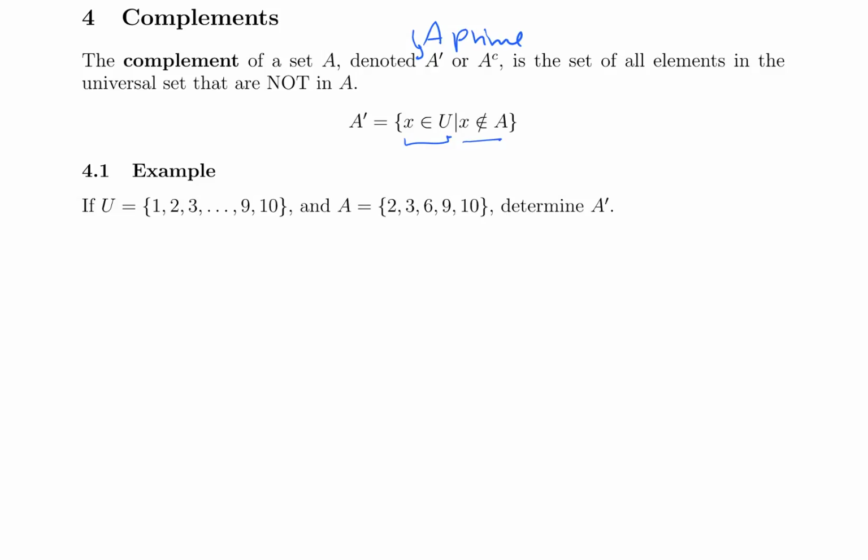Okay? So for example, if our universal set is all the integers 1 through 10, and A are the integers 2, 3, 6, 9, and 10, then A complement, A prime, would be everything that was in U that is not in A. So 1 is in U and it's not in A, so our complement would have 1. 2 was in A, so we won't have a 2. 3 was in A, we won't have a 3. 4 is not in A, so we'll have 4 in the complement. 5 is not in A. 6 is in A, so we won't include 6. 7 is not in A. 8 is not in A. 9 is in A, so we don't include, and 10 is in A, so we don't include.